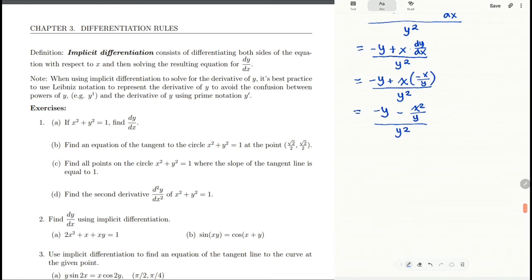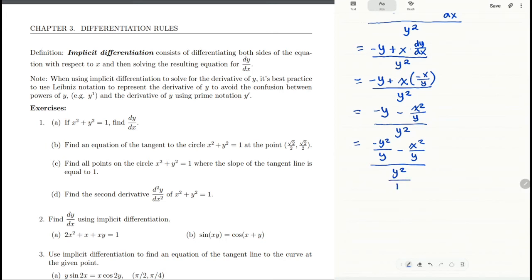So now let's make a common denominator in the numerator. So we'll multiply the first term by y over y, which will get negative y squared over y minus x squared over y all over y squared. And now let's write it as a single fraction rather than two fractions.